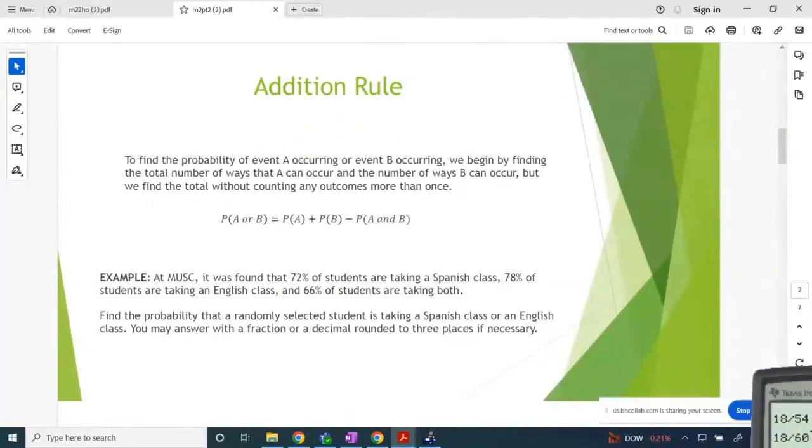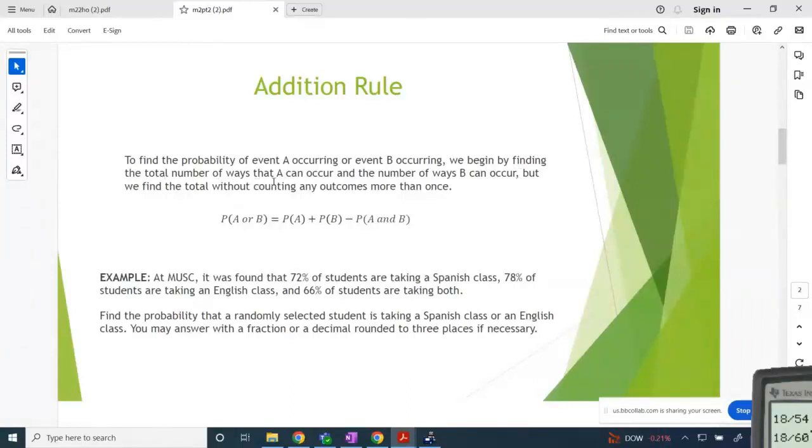It says to find the probability of event A or event B occurring. We've seen this word or before, with the pencil: find the probability that the pencil is red or orange. And we did something totally different than what we're doing now. I'm going to explain the differences between the two.